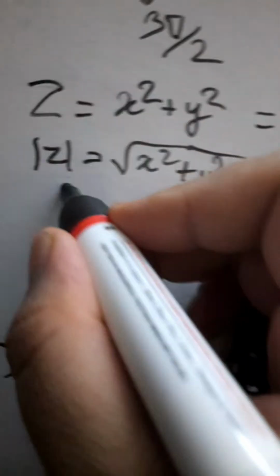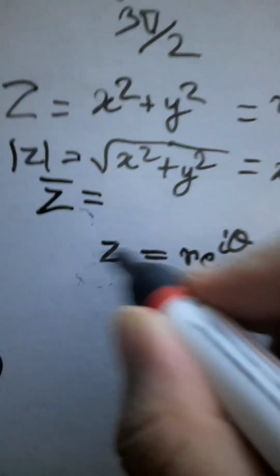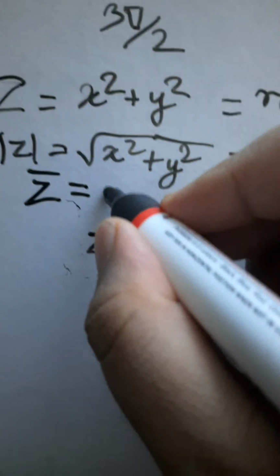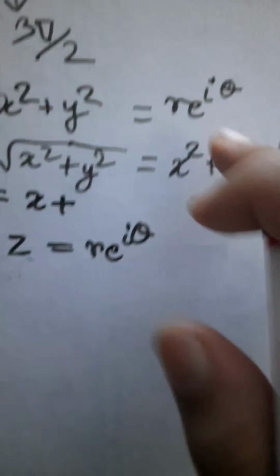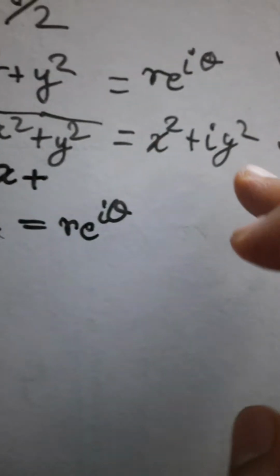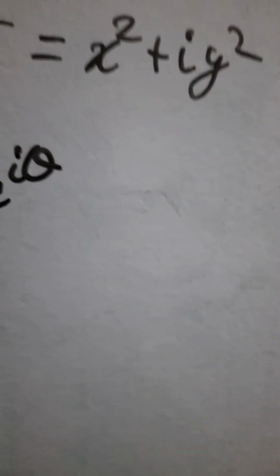Now I also have to tell you the conjugate of z. Sorry, this is not okay. Mod z is not x squared plus i squared. What have I done?